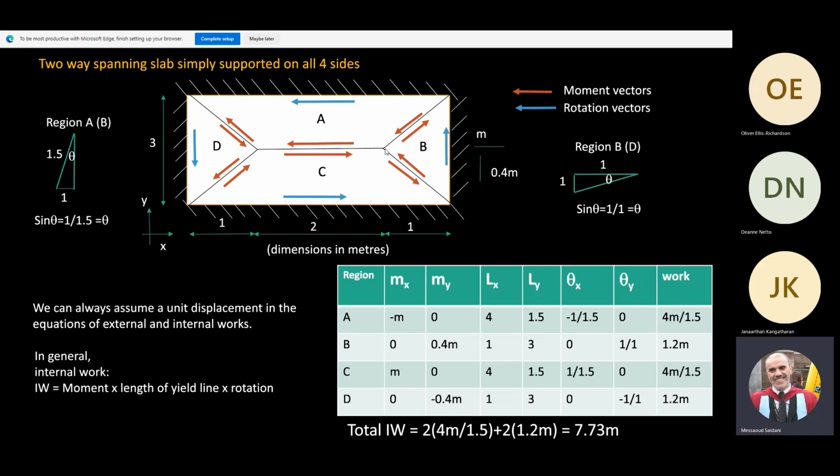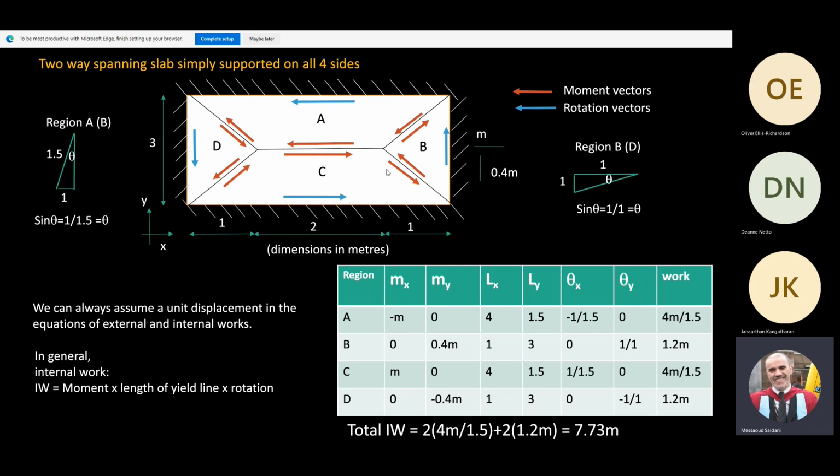If the displacement at this point is 1, and this region B rotates about this axis, what is the angle of rotation of region B? What is this length? 1. What is the displacement out of plane? 1. So you have 1 over 1. Is that clear?